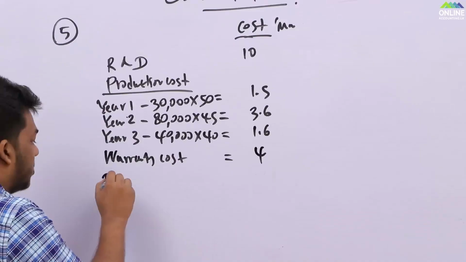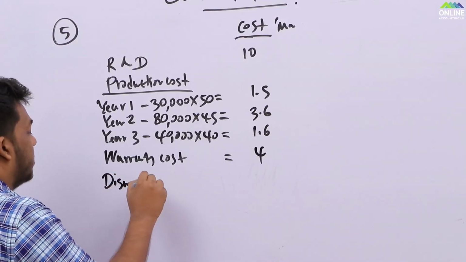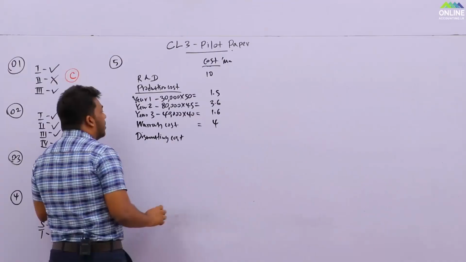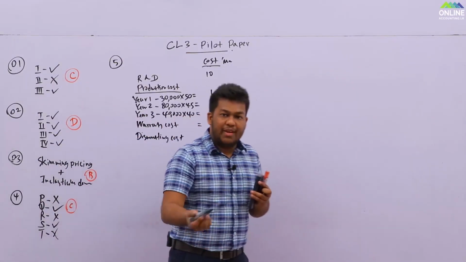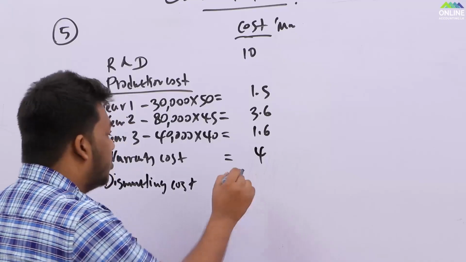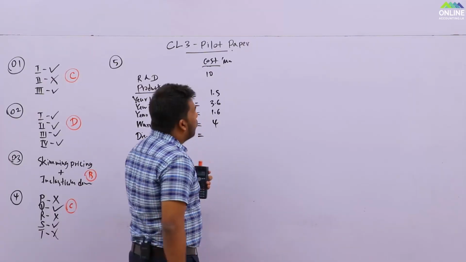What is dismantling cost? When you finish up the business, how much cost you have to incur to dispose of the assets, liabilities and other resources. So dismantling cost is 2 million.